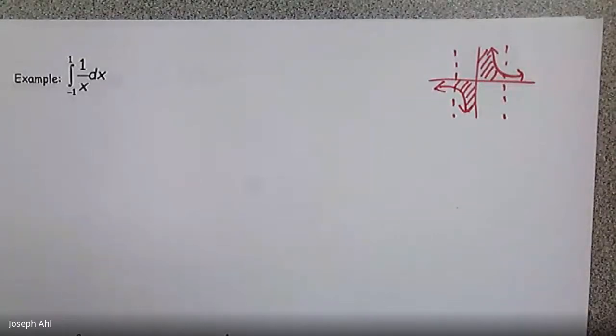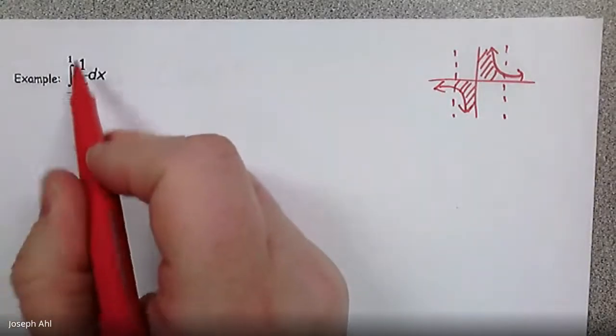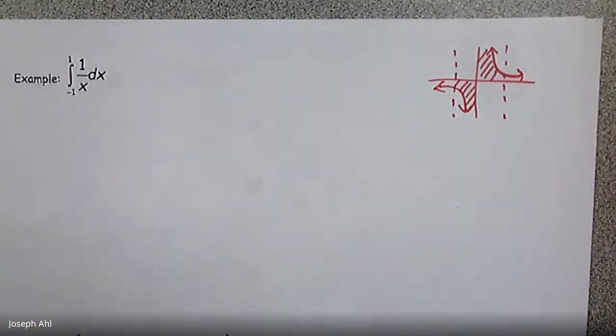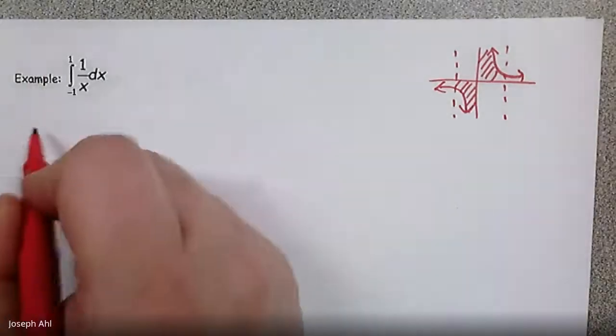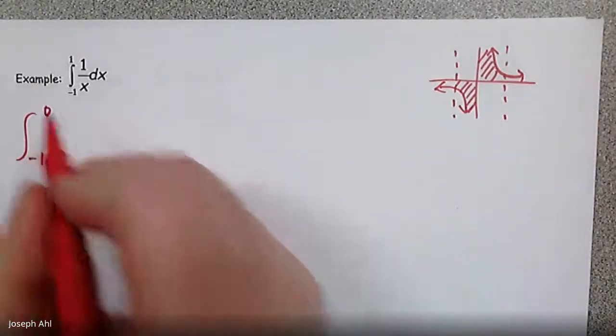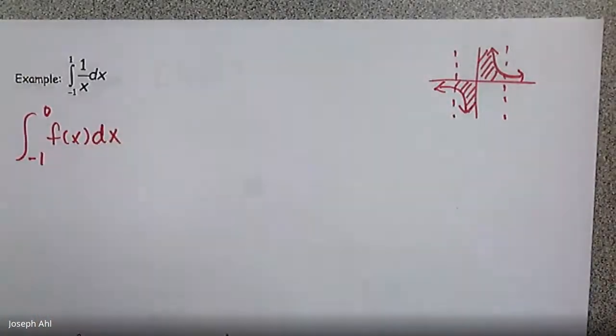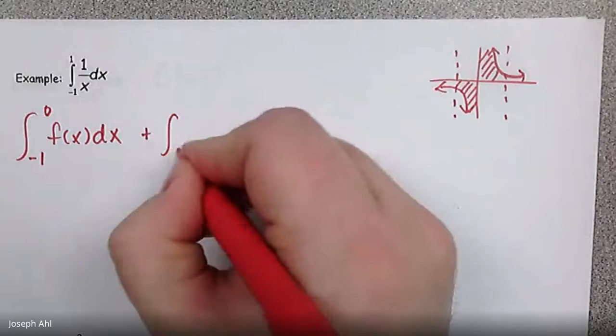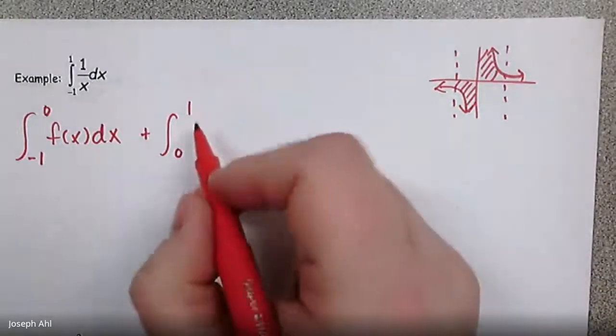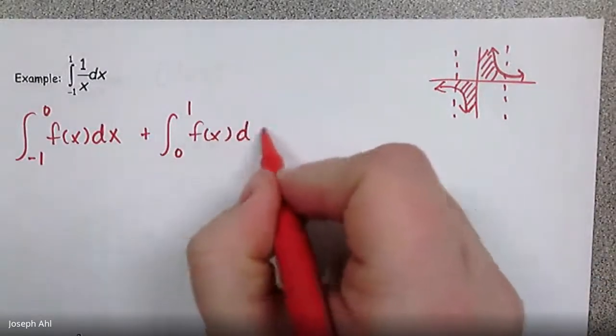And we do clearly have an issue at x equals 0, but notice how that's an interior point of these bounds. So what we're going to wind up doing in this case is break this up and do from -1 to 0 of f of x dx. And then we'll separate and also integrate from 0 to 1 for f of x dx.